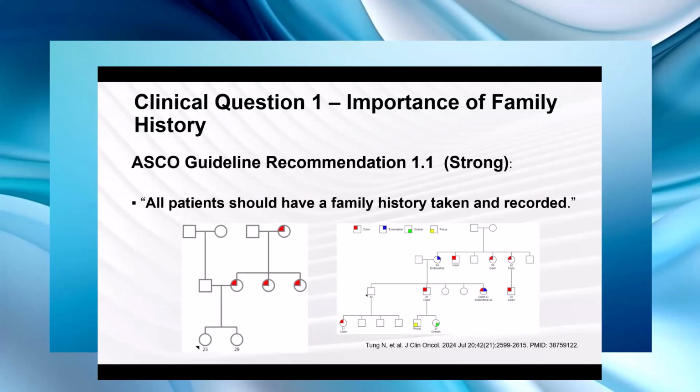And what we know from the genetics field in general is that family history is the most cost-effective genetic screening test. It's really necessary in oncology to select the correct genetic test and subsequently interpret those results. Next slide, Dr. Shen.